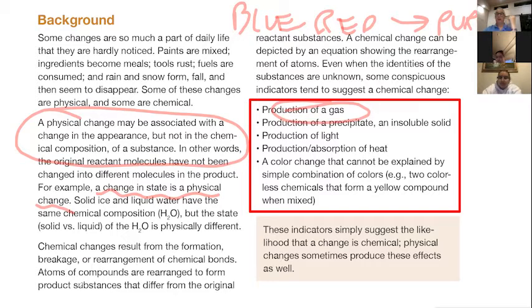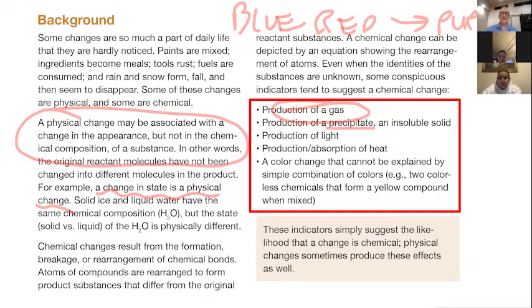Something starts bubbling. That is the production of a new substance that wasn't there before, right? So if you pour hydrogen peroxide on a cut and it starts bubbling, it's producing oxygen gas. And that wasn't there before. It is now. And so that is a chemical reaction.